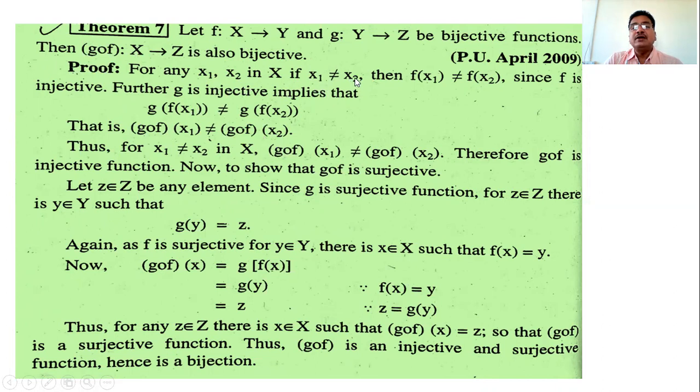So x1 is not equal to x2, and this function f from X to Y is bijective, meaning this function is injective. Since f is injective, f of x1 is not equal to f of x2. Given that f and g are bijective, both are injective as well as surjective.